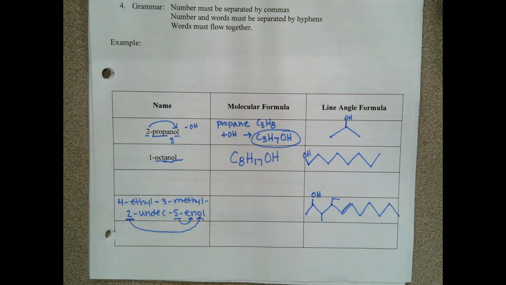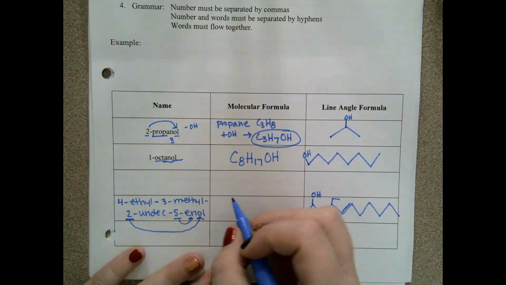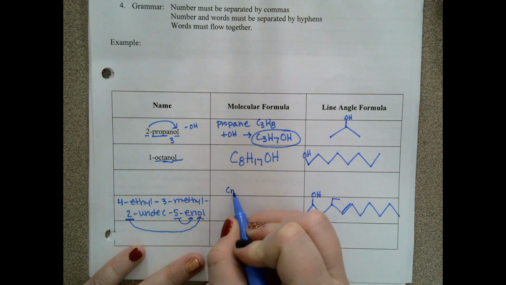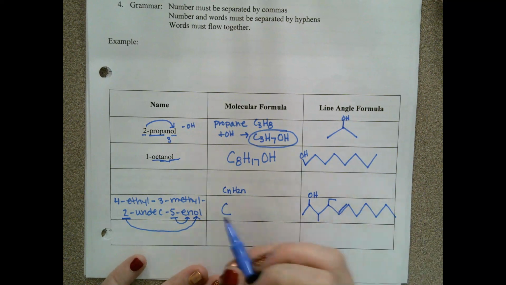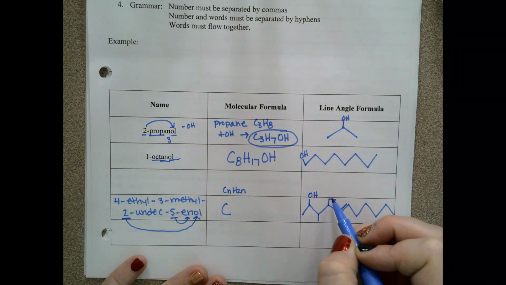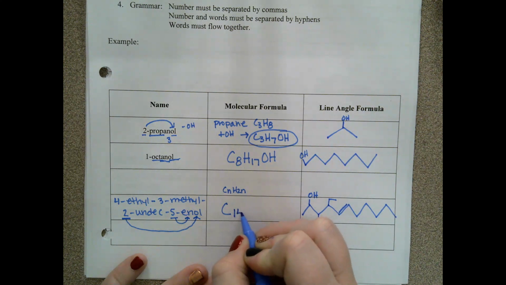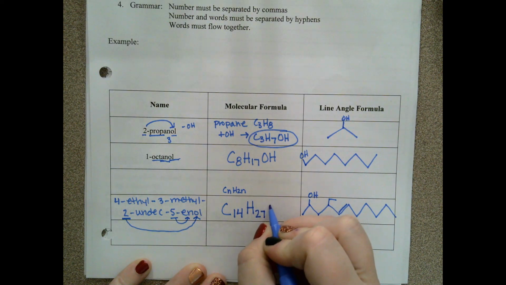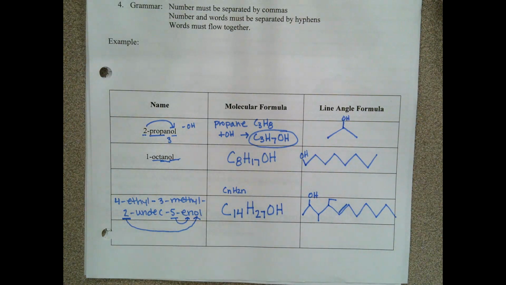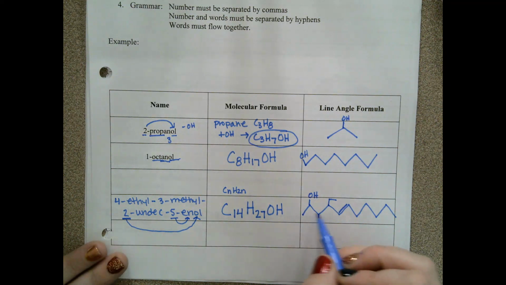Now, this is an ene, so that's a double bond, so that's CnH2n. We need to count up our carbons first. So we have 11, 12, 13, 14. So 2n would be 28 minus 1, so 27, and then OH on the end. Because there's 11 in the main chain, right?